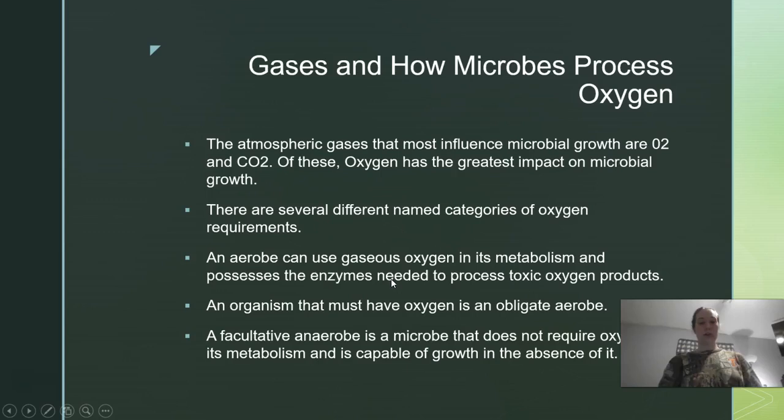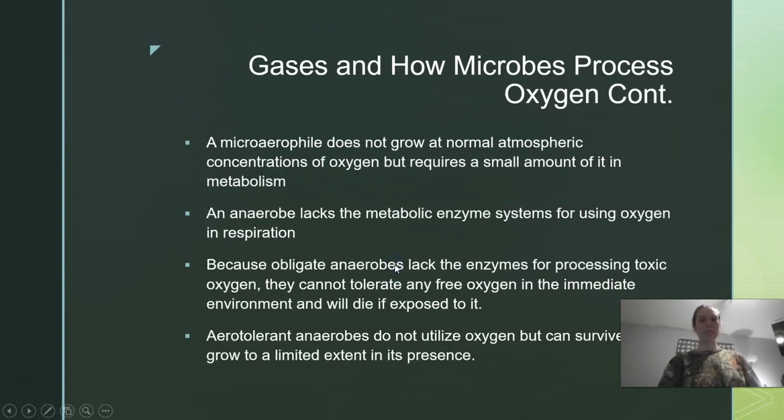A facultative anaerobe is a microbe that does not require oxygen for its metabolism and is capable of growth in the absence of it. We're going to continue on and talk about, and I hope I'm saying this right, a microaerophile, which does not grow at normal atmospheric concentrations of oxygen, but requires a small amount of it in its metabolism.